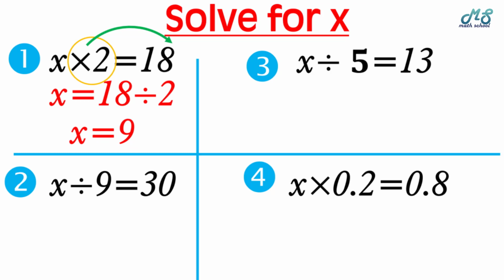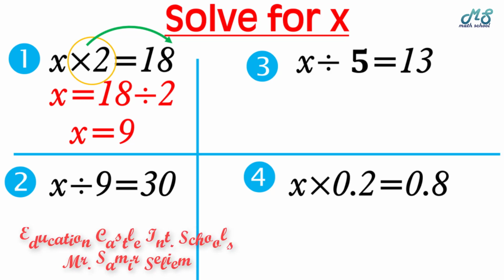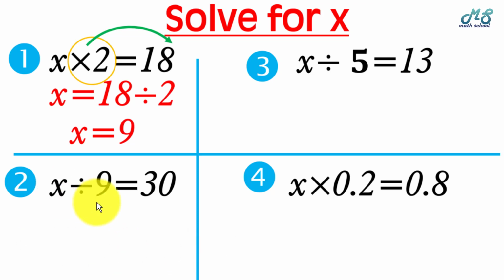Next, number 2. x divided by 9 equals 30. It's a division equation. To find the value of x, guys, we will use the inverse operation. Just circle divided by 9 and move it to the other side to be multiplied.